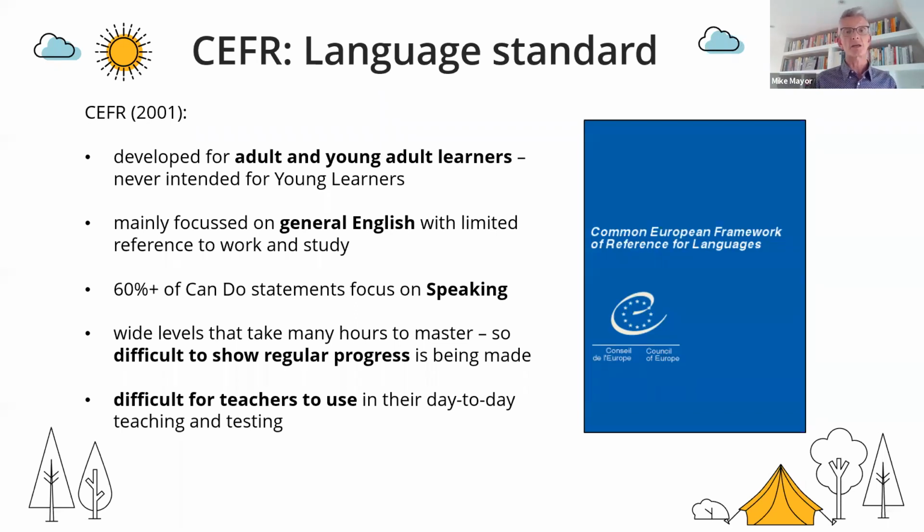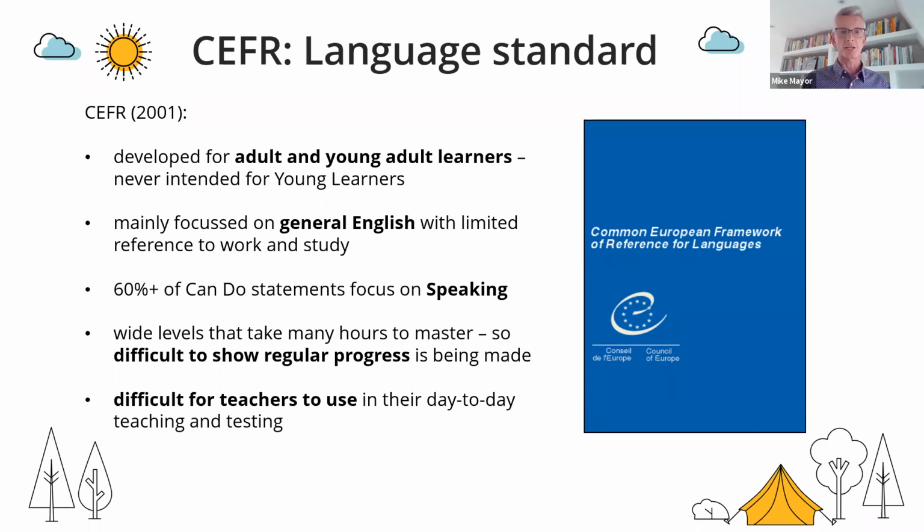So the Common European Framework was developed for adults and young adults, so kind of 15, 16 years and older. It was never intended for young learners. And I know many publishers and assessment organizations have used the Common European Framework for young learners, have tried to adapt it for young learners.